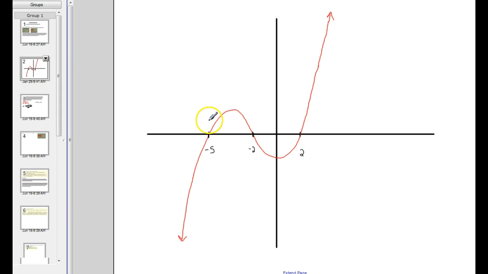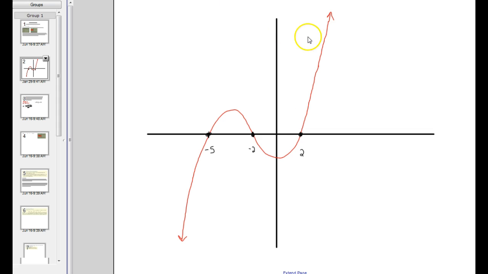So let's say hypothetically this polynomial crosses right here at -5, -2, and 2. And this is a degree 3 polynomial. So we found its 3 zeros we talked about last time. And these 3 zeros would show up on the calculator. They're rational. And even if this one over here hypothetically was a half, it would still show up on the calculator.